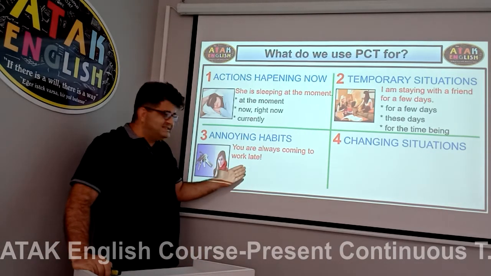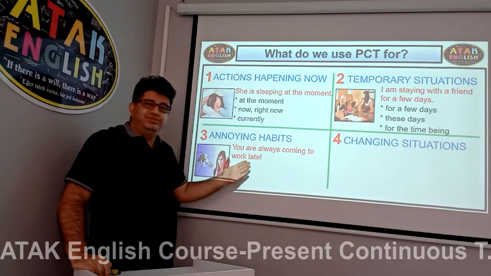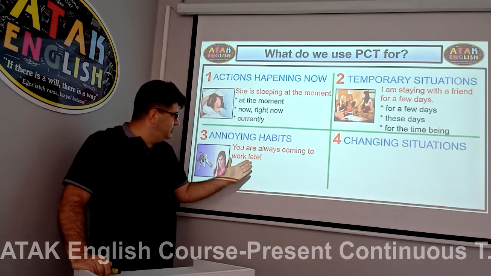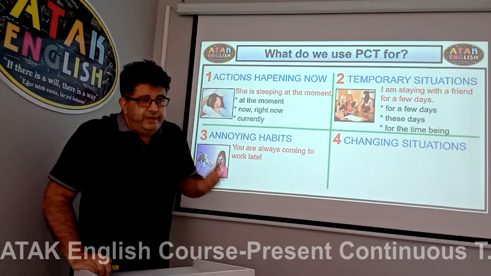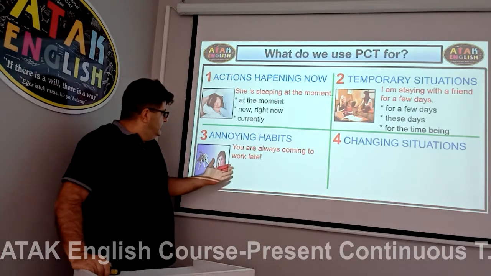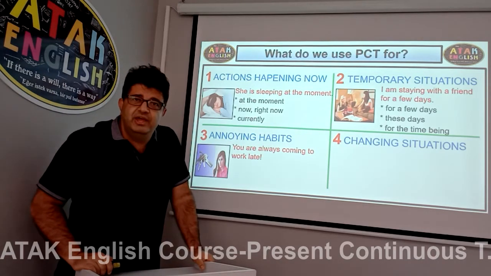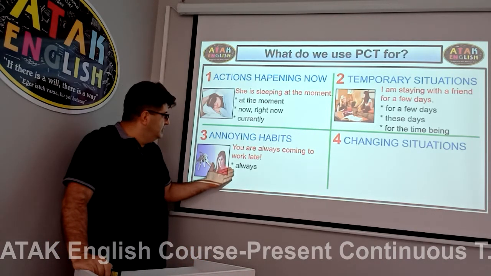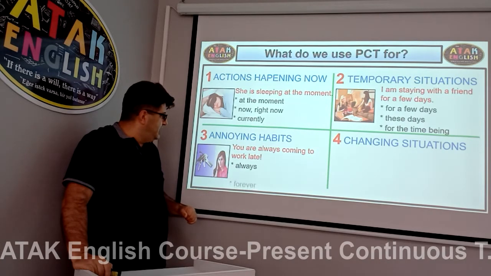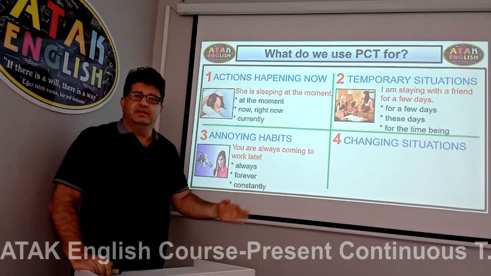So if somebody is complaining about something, given this sentence with an exclamation mark at the end to show anger, annoyance, etc. And we use present continuous tense in those situations, which is annoying habits. In this example, always is used, but we can also use forever and constantly.